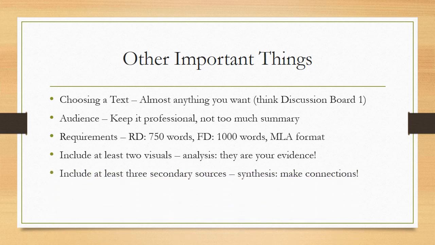The 3 secondary sources. Secondary means in addition to your primary source, the text you're analyzing. This does not need to be super professional. This is not a research paper. It's just to bring other voices into your paper. So it doesn't have to be a source you find using EUW's library. We will do that, but we'll do that for the second paper, not this first one.